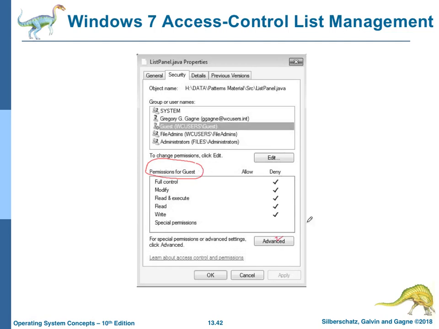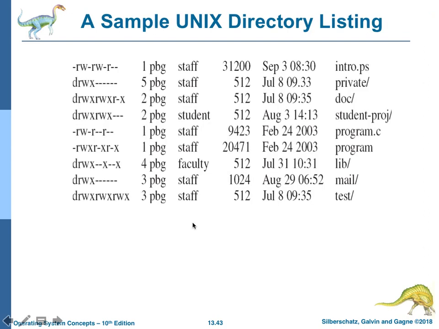I'm not a Windows user, but I believe if you go to advanced, oh sorry, this here, if you want to change the permission for a guest or a particular user, you can do this by clicking this edit button. So you select a user from here and edit, and then you can edit these permissions accordingly. This was Windows.